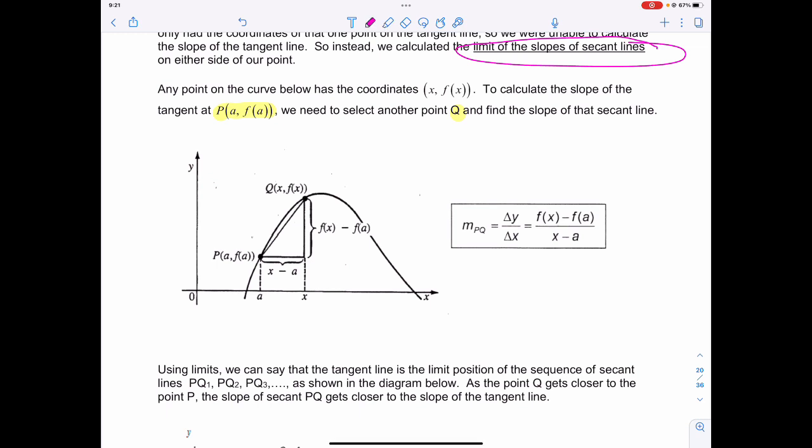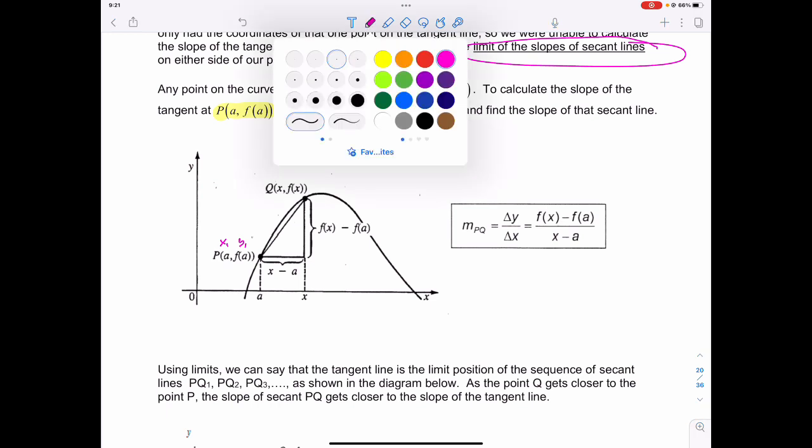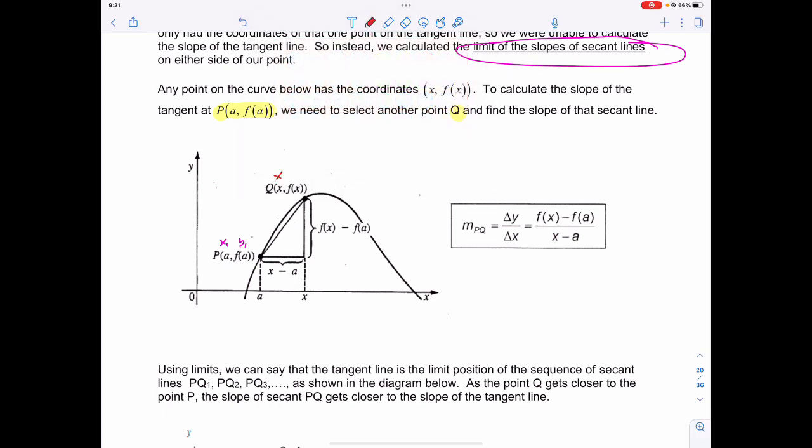So we have the point of tangency, which we call a, f of a, and that's just the same as x1 and y1, the point we're trying to get to. And then we take any other point, x and f of x, and we can call that x2 and y2.